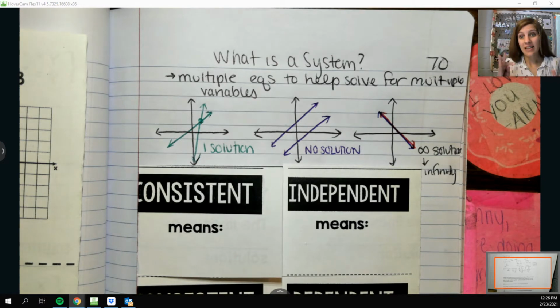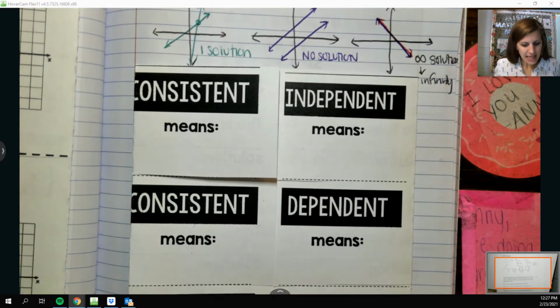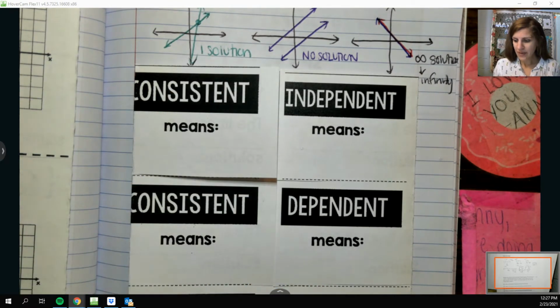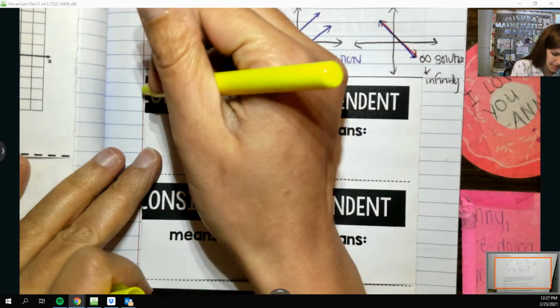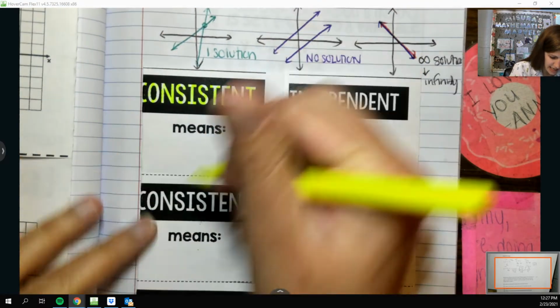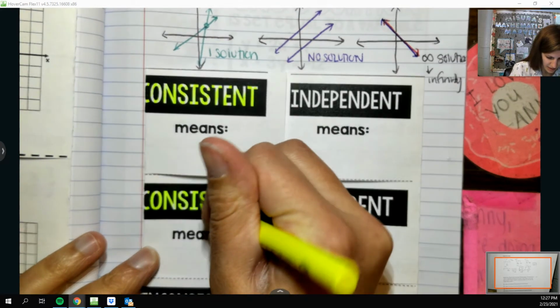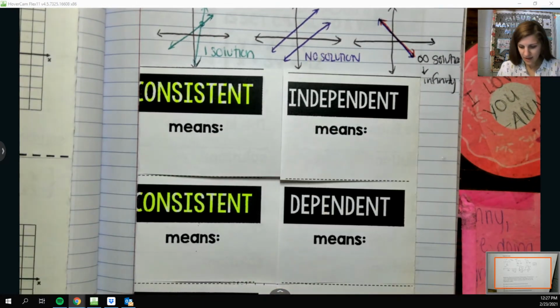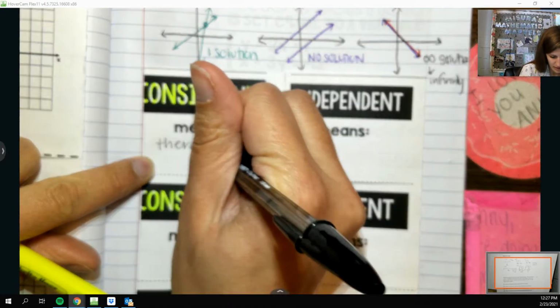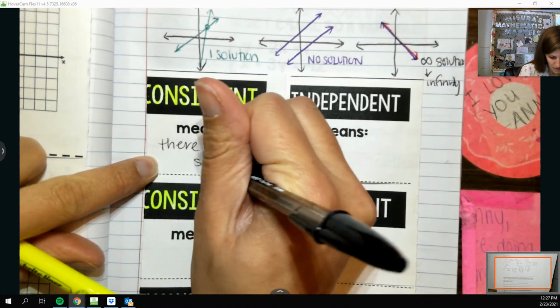So, infinite solutions. Now, the mathy terms for this, and guys, I'm not super picky when it comes to knowing mathy terms, but just in case: the mathy term for having a solution is to be consistent. If you are a consistent system, then that means there is a solution.